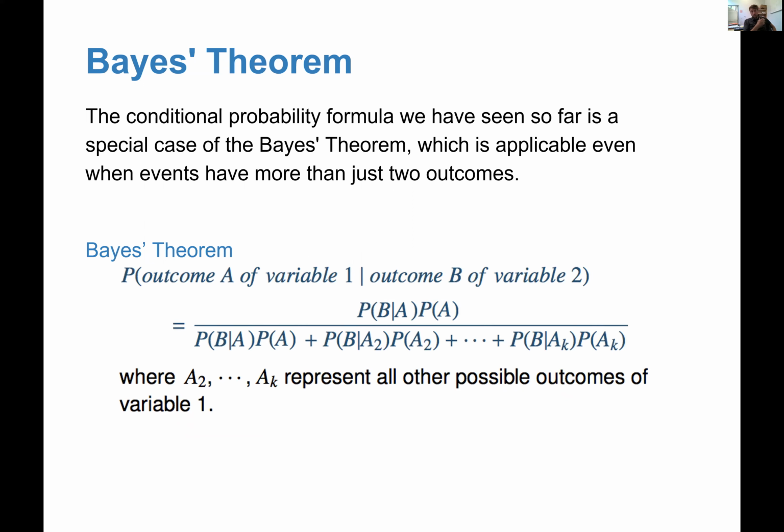So the theorem is that, say you've got the probability of outcome A given outcome B, where A1 through AK are all the other possibilities of A. Okay, so this theorem is just a simple mathematical theorem.